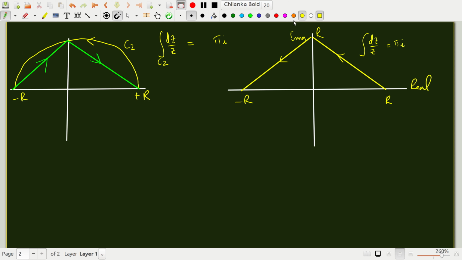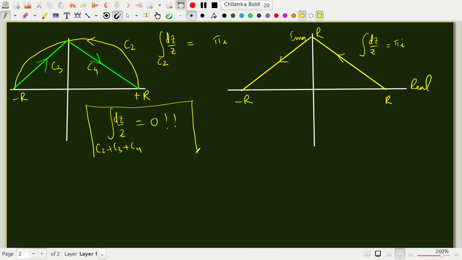So the integral of dz by z over this composite contour, let's call it C2 plus C3 plus C4, is again 0.